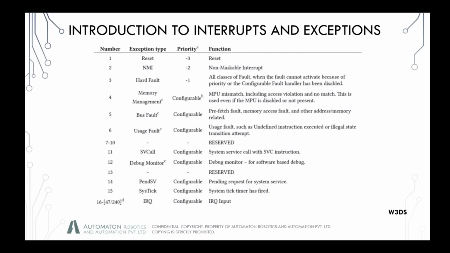Now the final one is the SysTick, and this is a very important interrupt. This is also related to RTOS devices, but in general it is used when we use functions such as the delay function. Now, whenever you use delay, your processor is just going to sit there and do nothing at all.